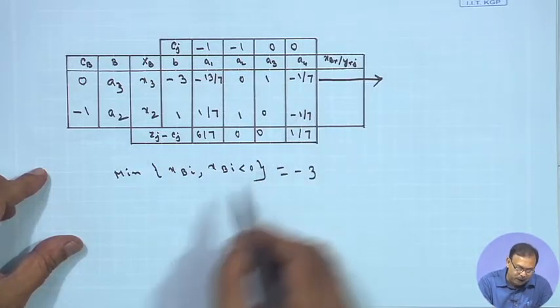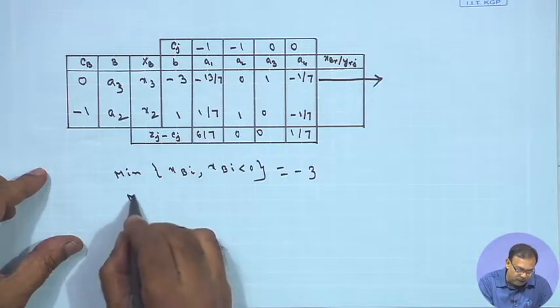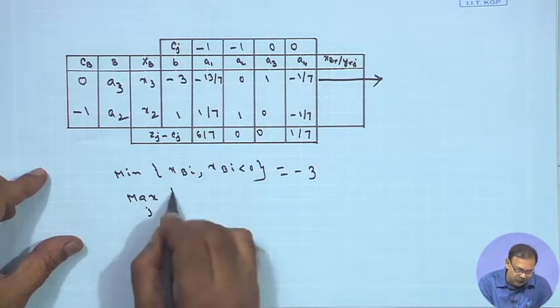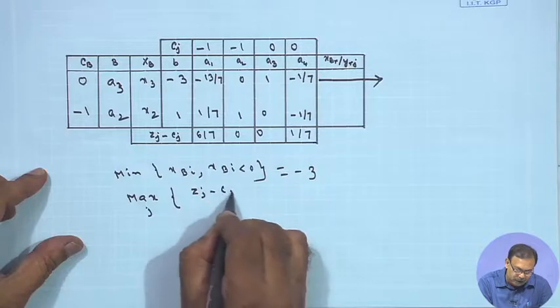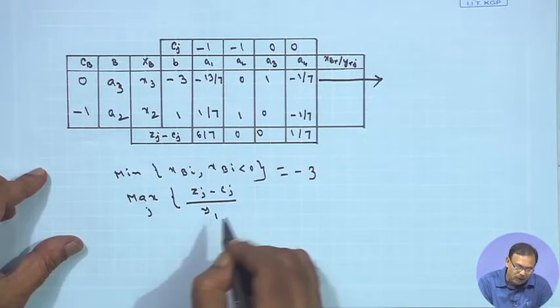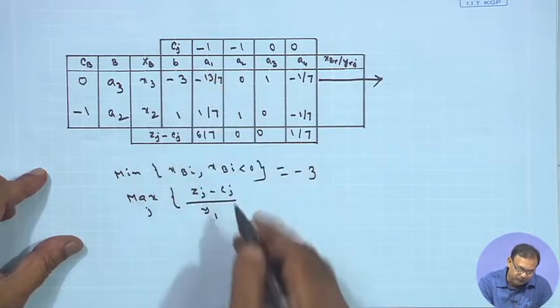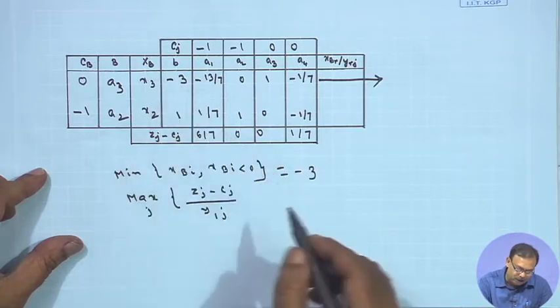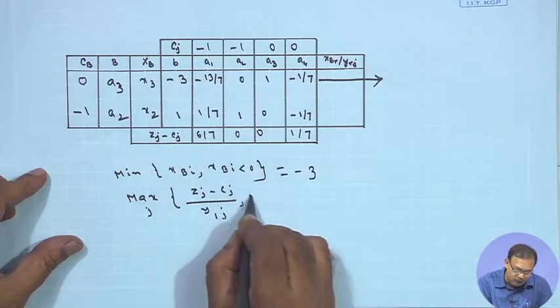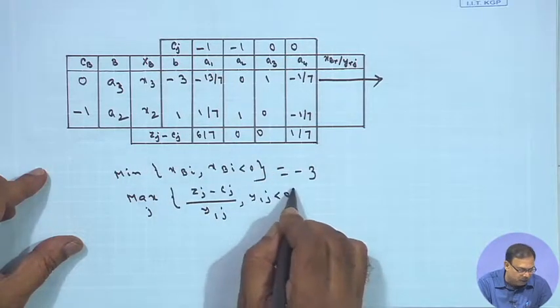Now, x3 will leave the basis. Which one will enter into the basis? For that you have to calculate z_j minus c_j by y_1j, where y_1j would be less than 0.